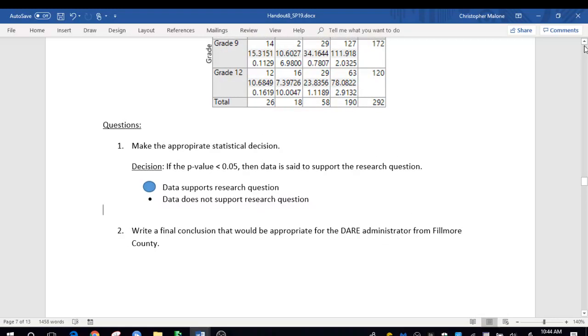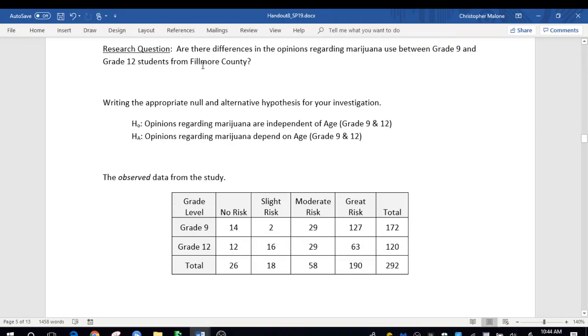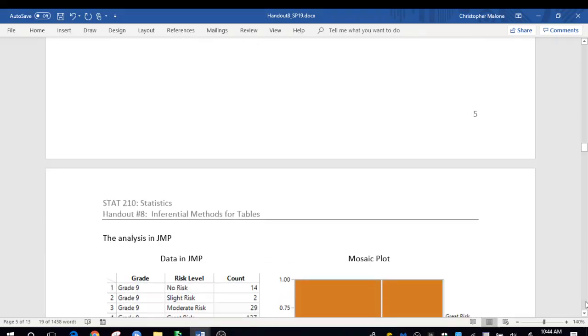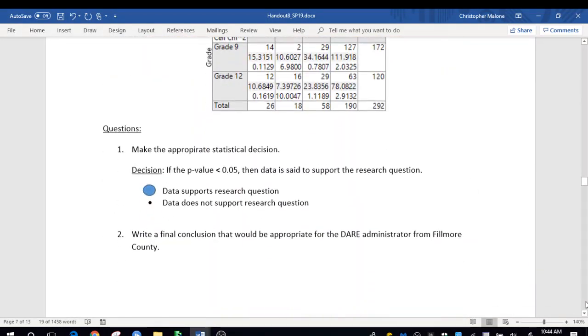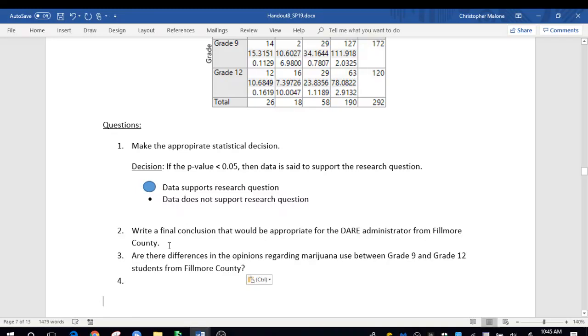So I'll go back up and grab my research question, just clear up here on page 5. Let's go ahead and write a conclusion down here. So what would the conclusion look like?